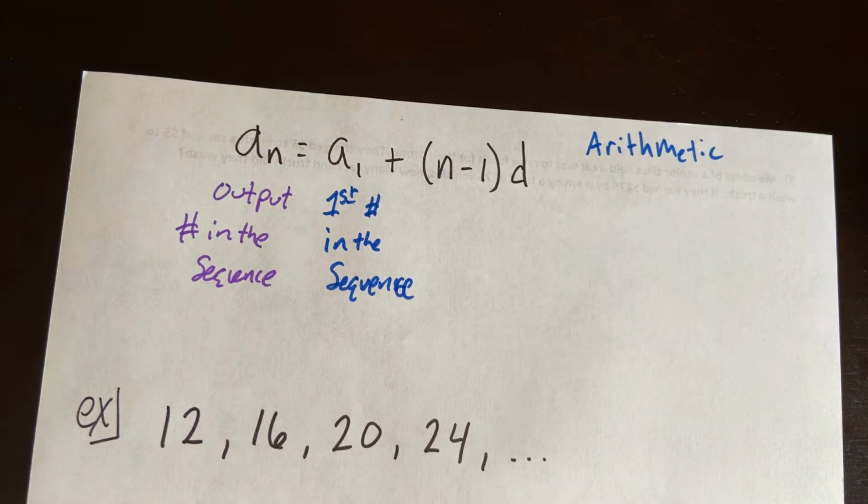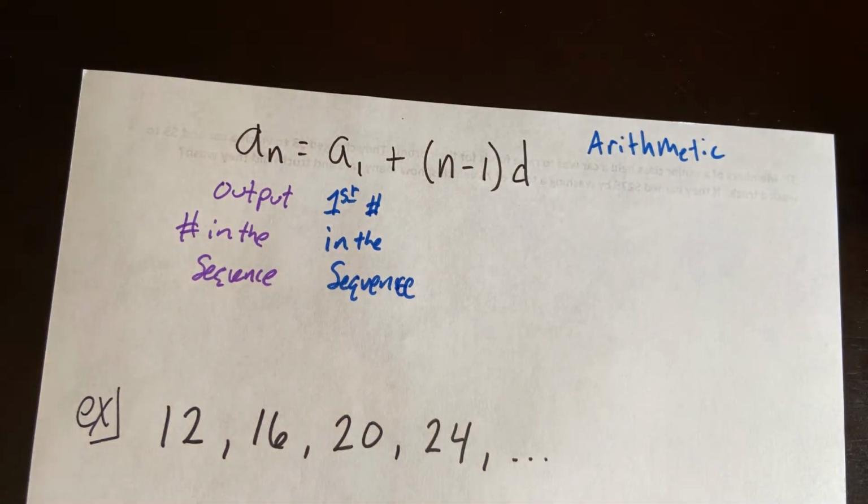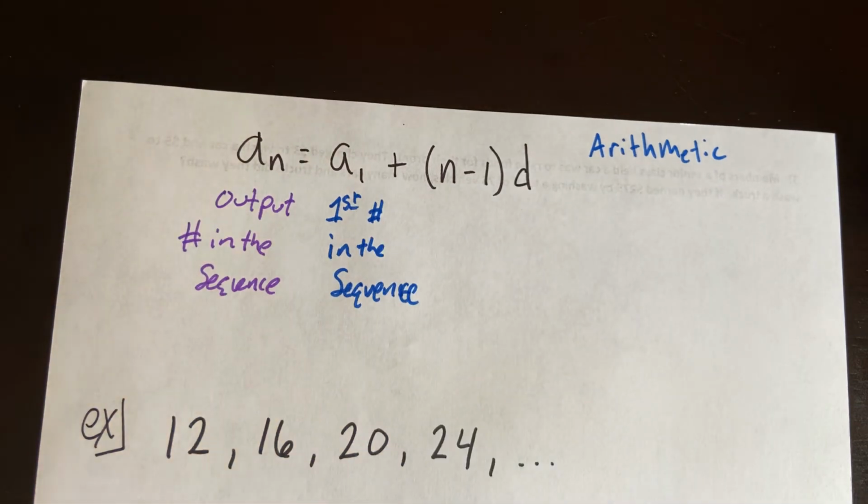Remember, sequences start with term 1, and that's what this wants right here, the very first term of the sequence. Remember when we wrote linear functions, we needed to know where this starts, right? So sequences start with the first term, so that's the first number we've got to find. A sub 1 means the first number in the sequence.